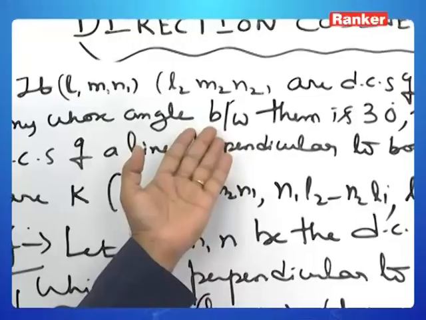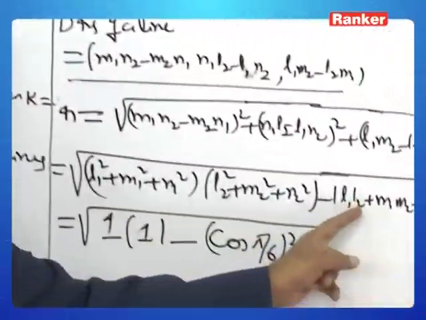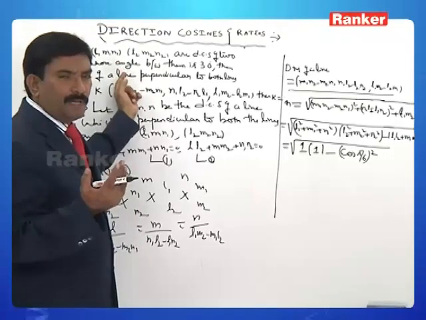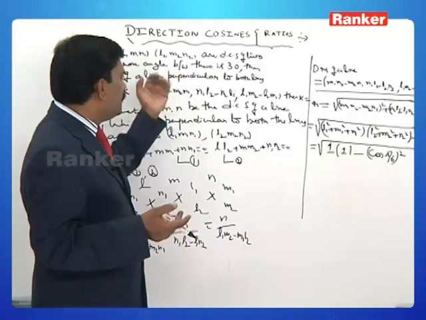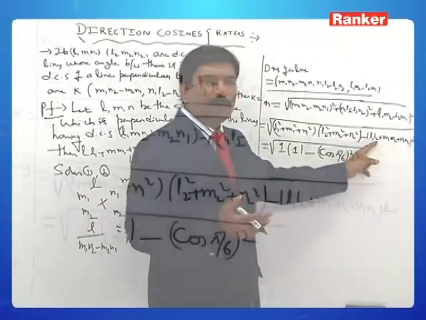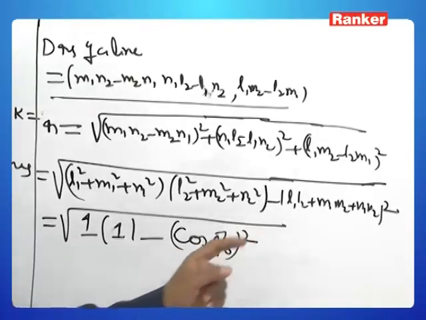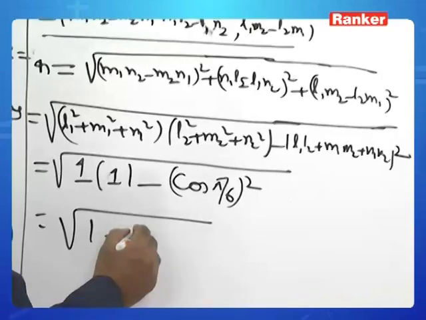Why? Because the angle between the two lines having DCs l1, m1, n1 and l2, m2, n2 is pi by 6. This is the formula for the angle between two lines: cos theta is equal to l1 l2 plus m1 m2 plus n1 n2.